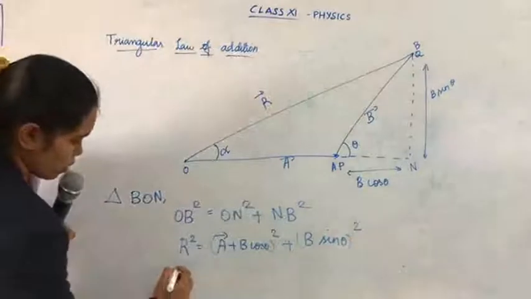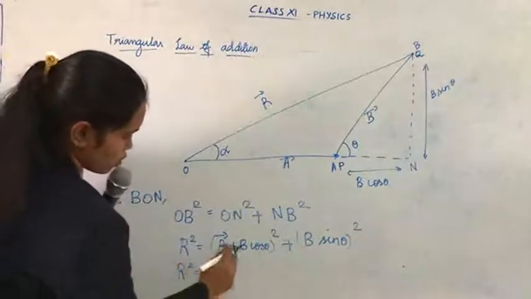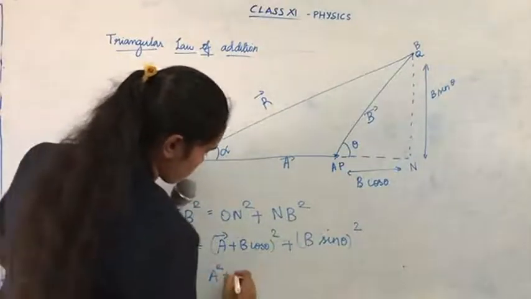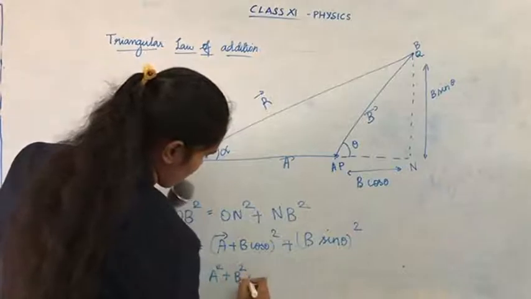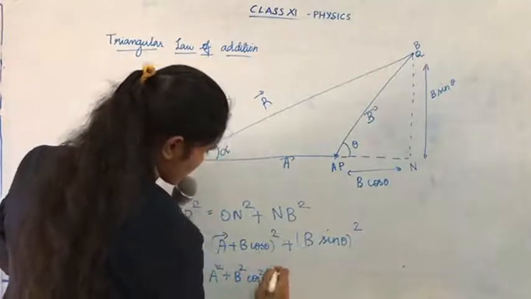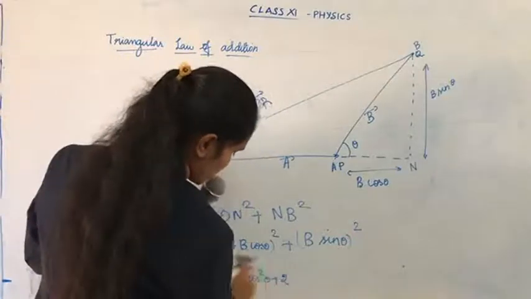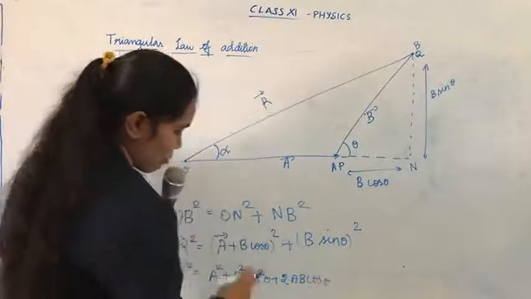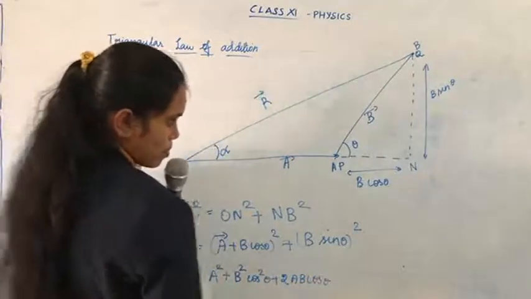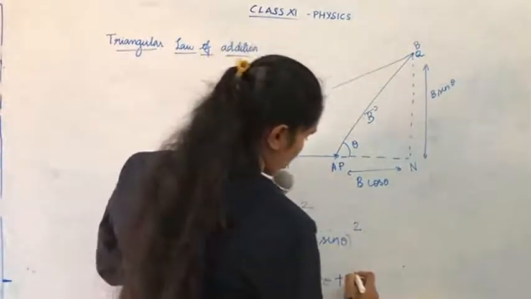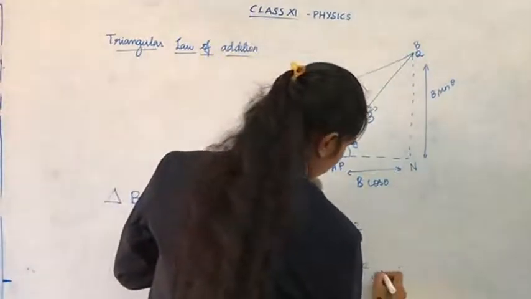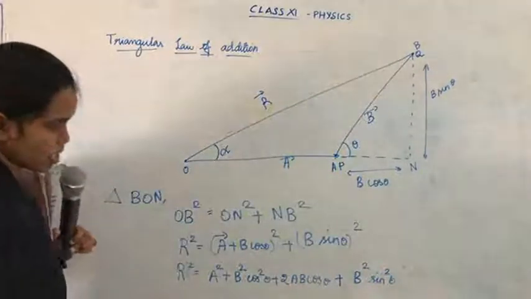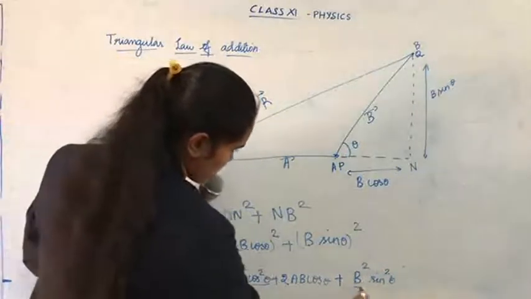Okay, you understood? Now R square equal to A plus B cos theta the whole square plus B sin theta the whole square. What happens? A square plus B square cos square theta plus 2AB cos theta, applying that A plus B formula, plus B square sin square theta.